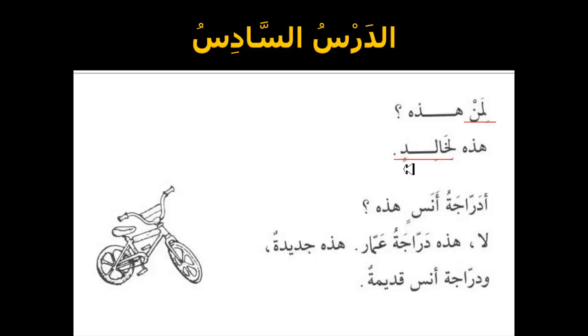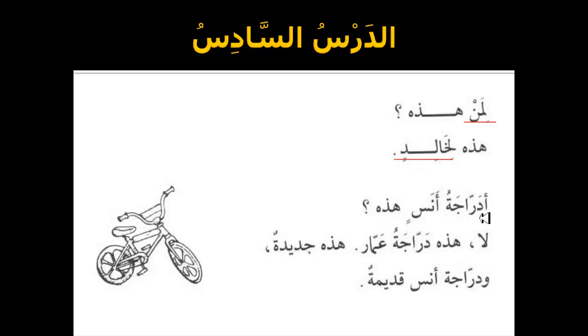It will have dammatain. But in this case, because of lam, a possession, harf jar becomes majrur. Alright? Just keep note of that. Then hadihi li Khalidin. Hadihi is referring to the bicycle, or daraja, because it is feminine.